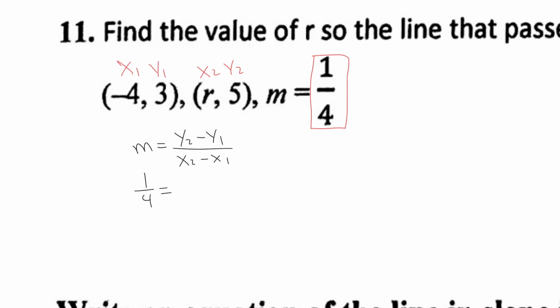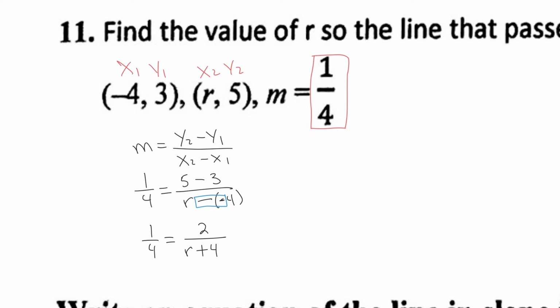On the other side, y2 is 5 minus y1 is 3, over x2 is r minus x1 is negative, so I need parentheses, -4. I need to turn that into positive and I need to simplify the top of the fraction. So I have 1/4 equals, on the top 5 minus 3 is 2, and on the bottom r plus 4. You turn those double negatives into positive.